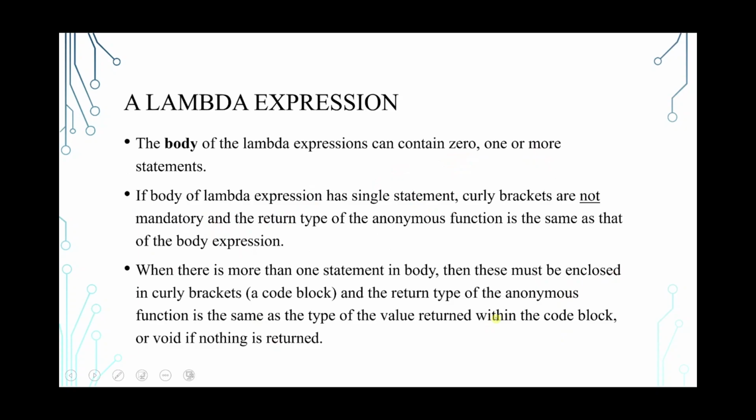The body of the lambda expression can contain 0, 1, or more statements. If the body has a single statement, the curly brackets are not required. They are not mandatory. However, it's always better to have them. And the return type of the anonymous function is the same as the body expression.